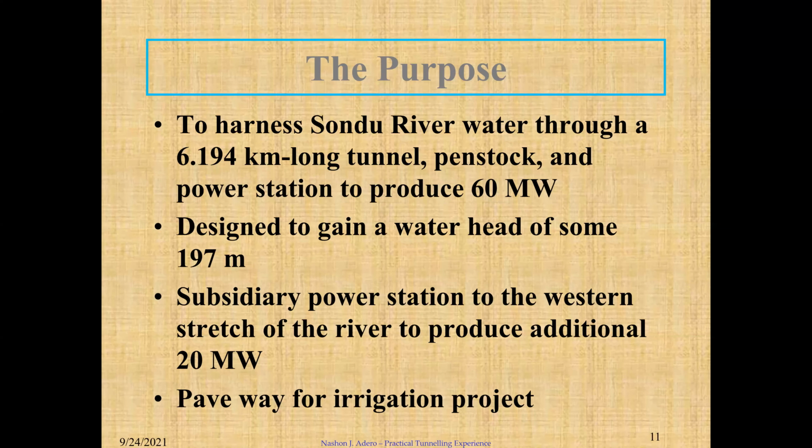it was meant to provide clean energy, clean in the sense that hydropower generation of energy is considered as part of clean development mechanism, CDM, because it doesn't produce the greenhouse gases, mainly CO2, which comes from fossil fuels.